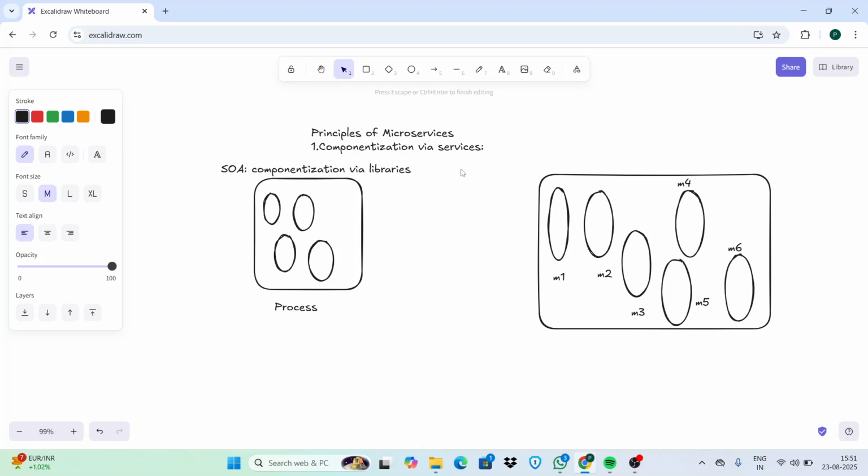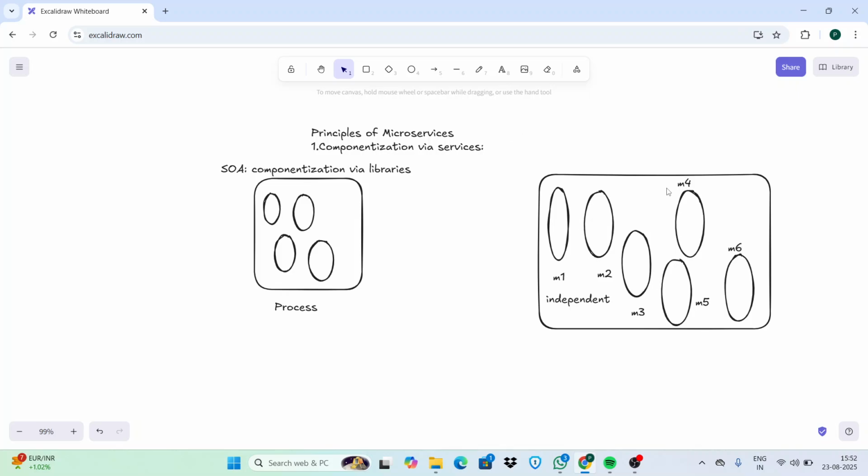In componentization via services, the first principle of microservices says that each component or each service should be an independent service. The big program is divided into small independent services, and they can communicate with each other.